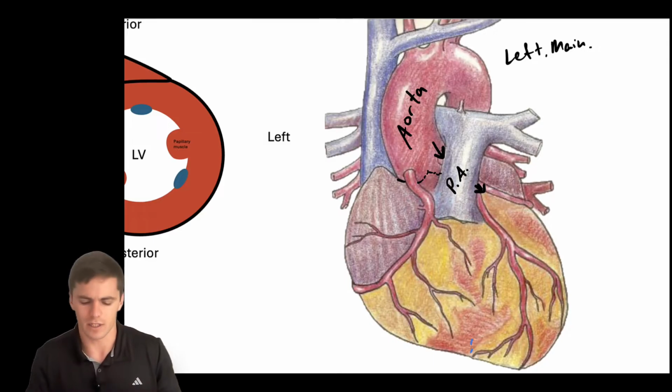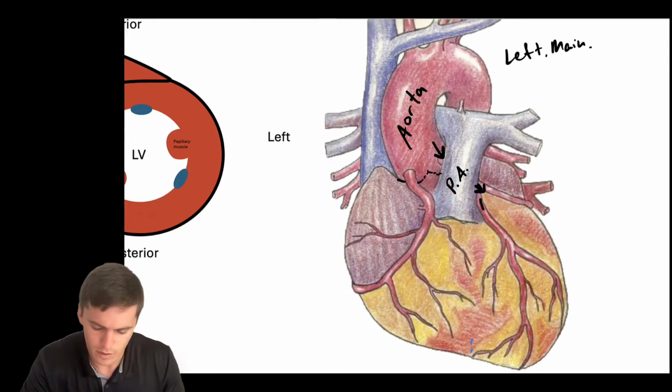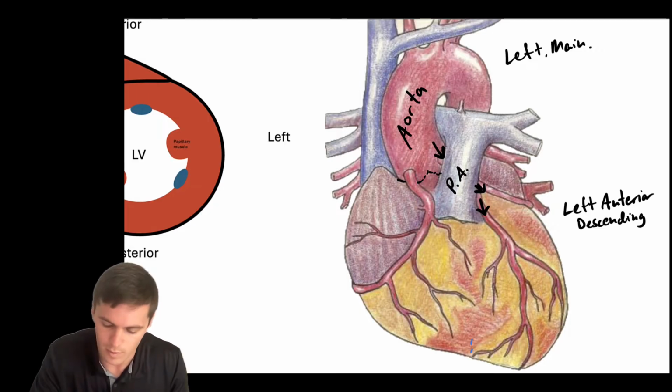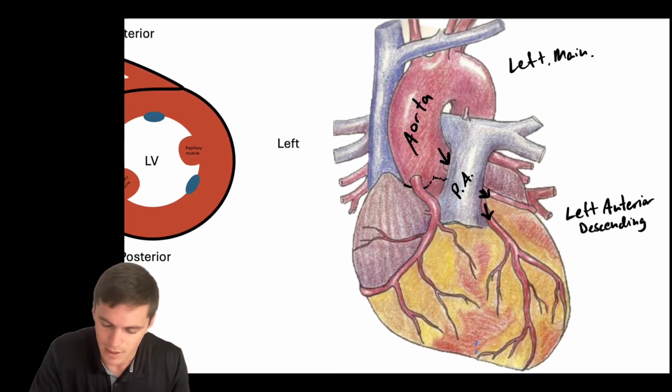There's two of them that you see. The first branch we're going to talk about is the left anterior descending artery, right? Or sometimes we see it labeled as the LAD, right?